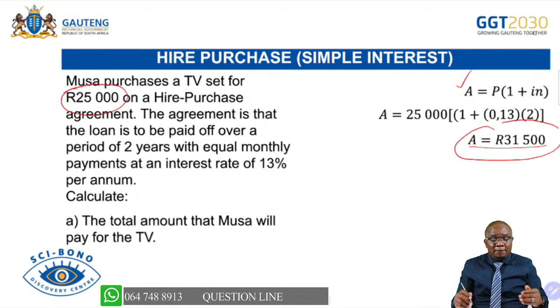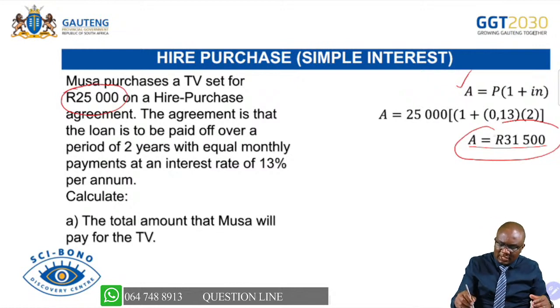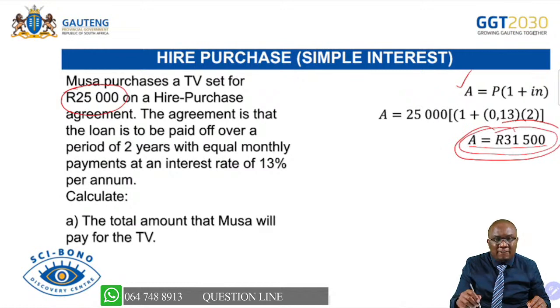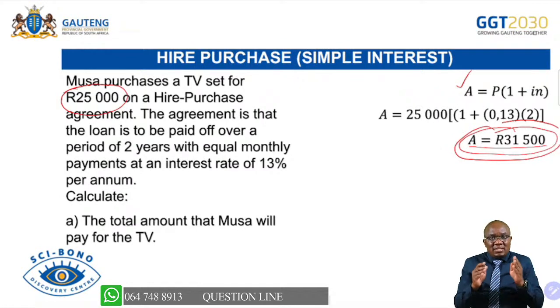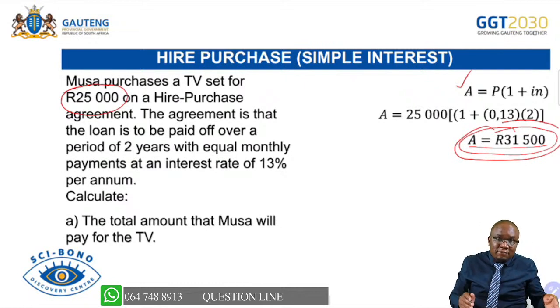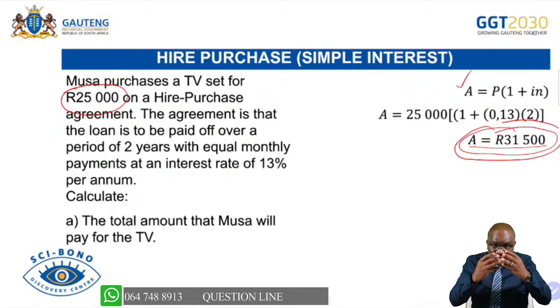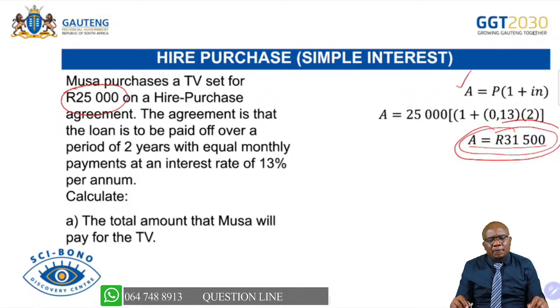Because of interest he is going to pay back 31,500. In total, this 31,500 involves the 25,000 and the interest. If you say 31,500 minus 25,000, you will get that interest. So he's paying this 31,500.